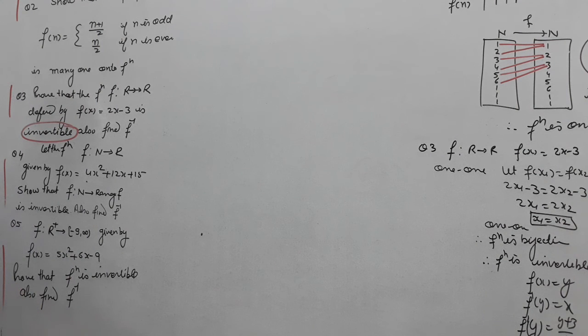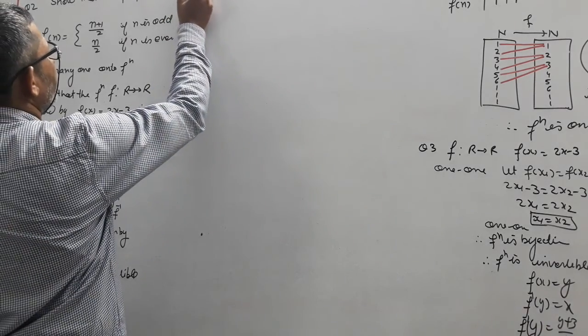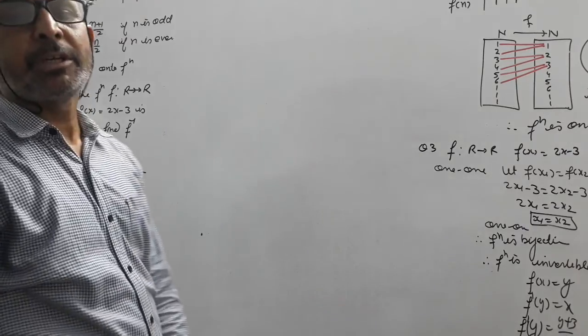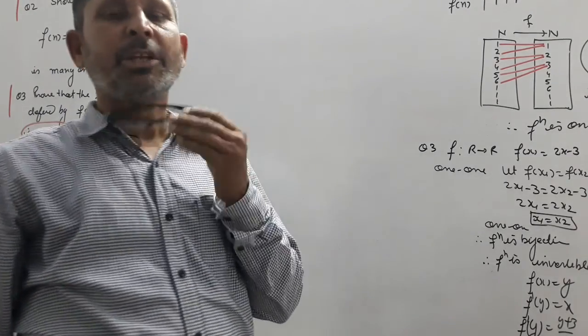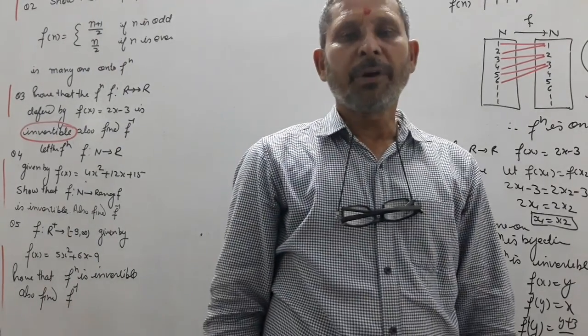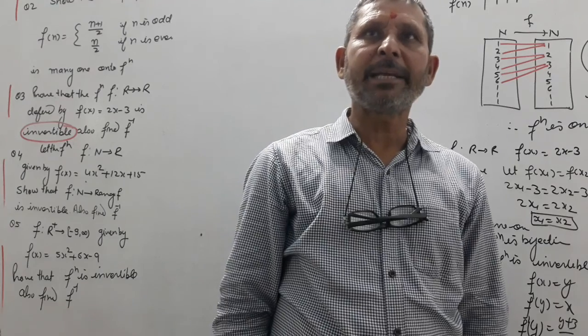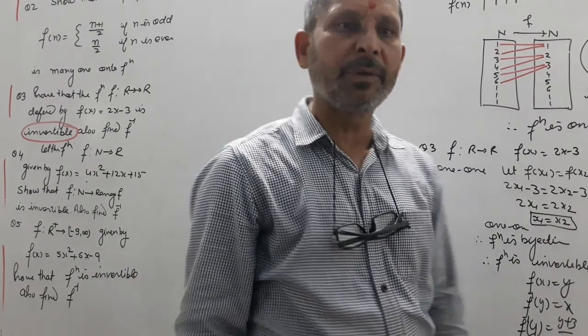Prove that the function is invertible and then also find its inverse. If a function is invertible, we know that the function is bijective. For bijective, the function is 1-1 as well as onto.